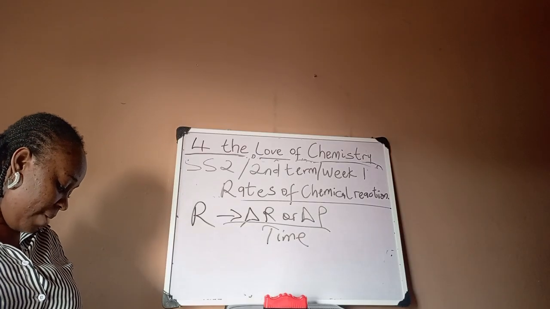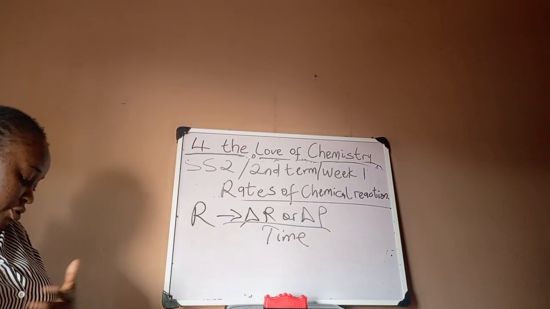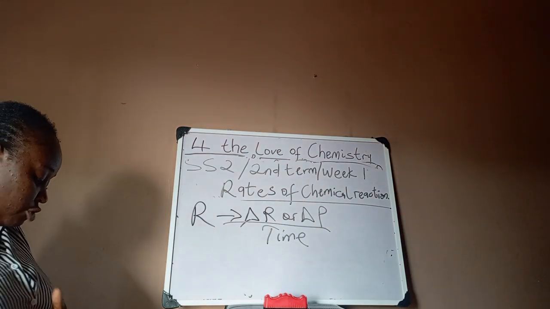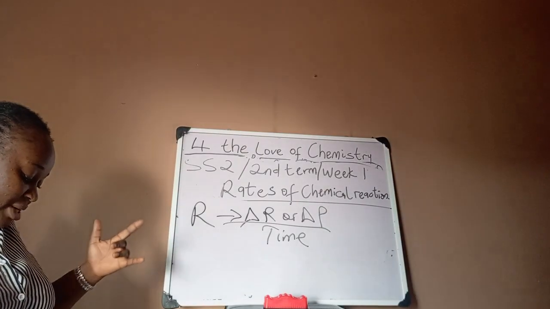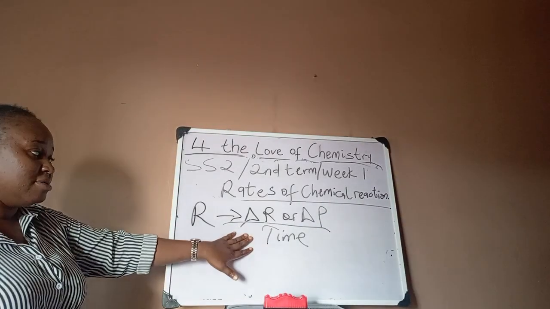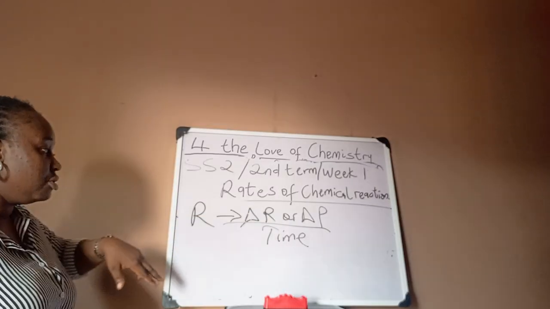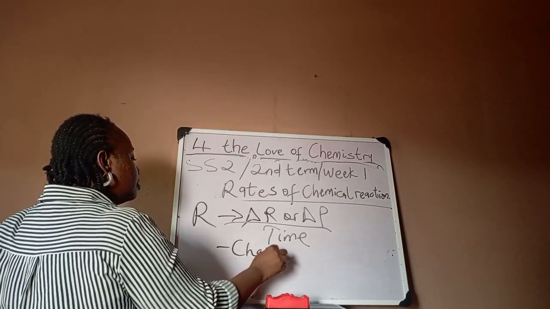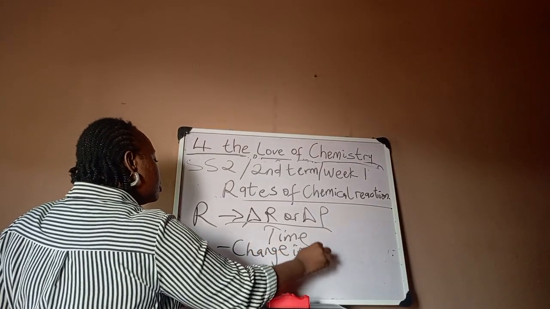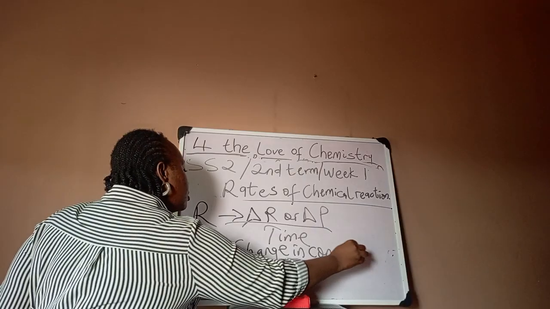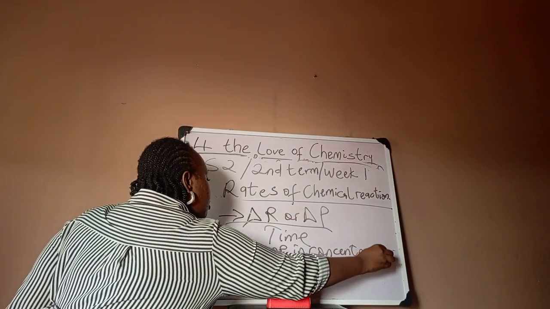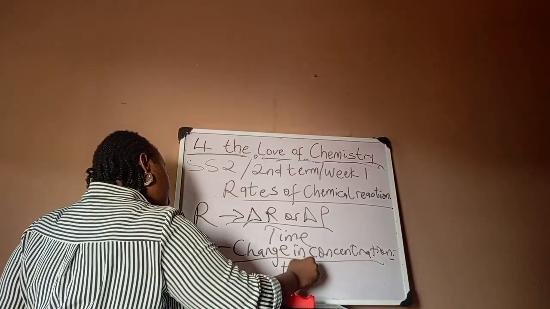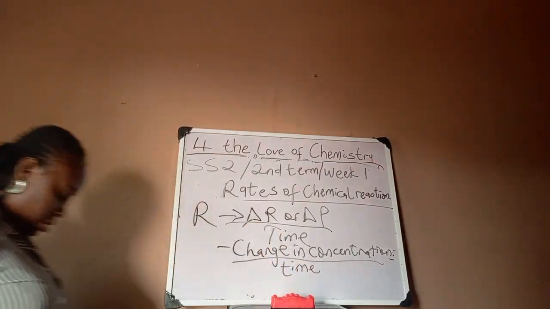So by definition, you can check the rate of chemical reaction by checking the change in concentration of reactants or products per unit time at a given temperature. Just like I've said now, the change in concentration of the reactants or products per unit time. So change in concentration all over time, of course at a particular temperature.